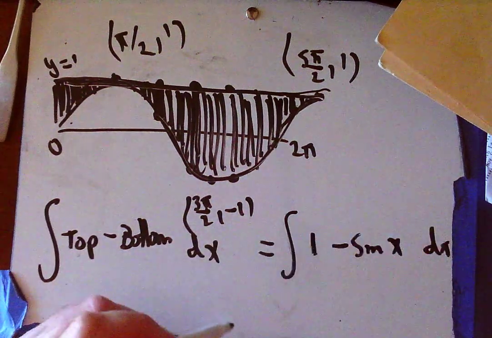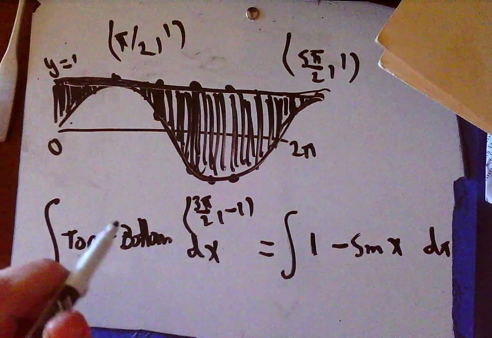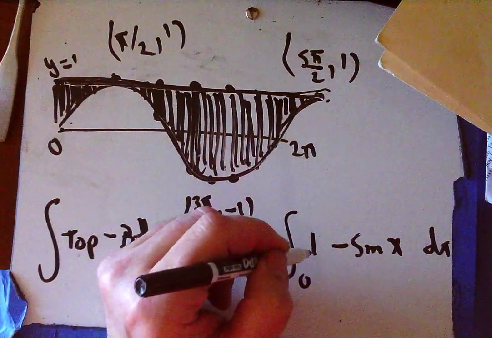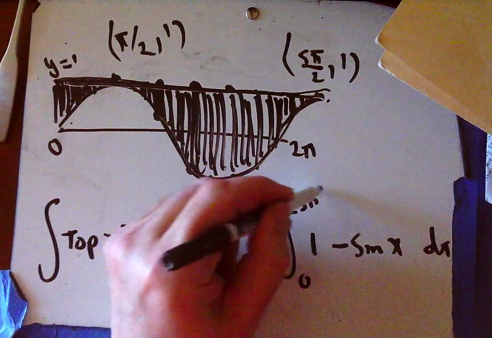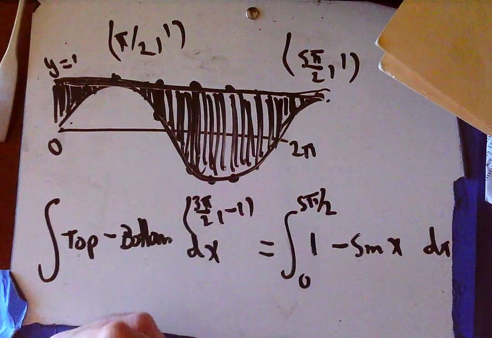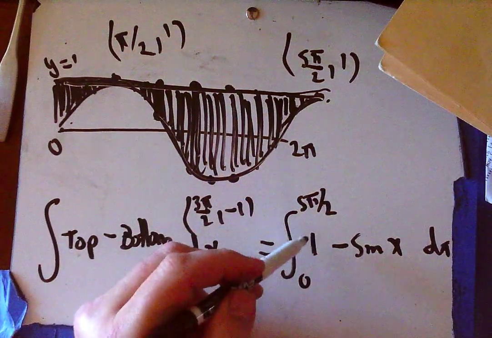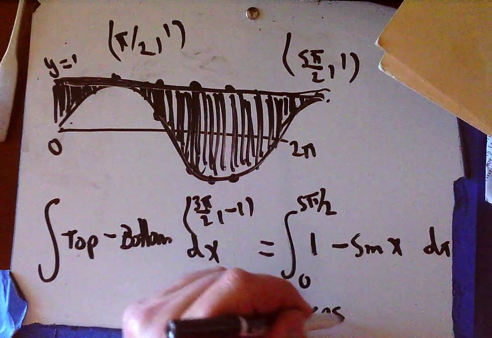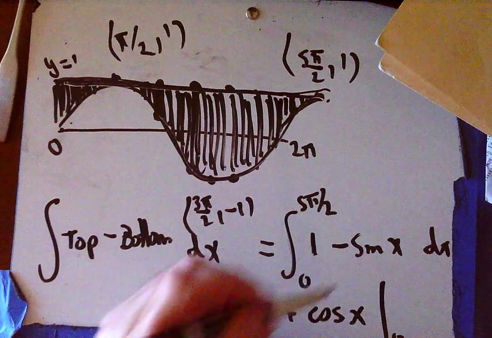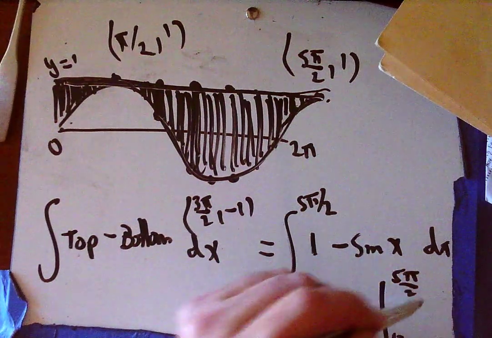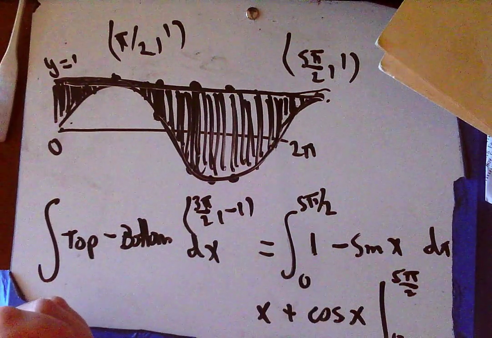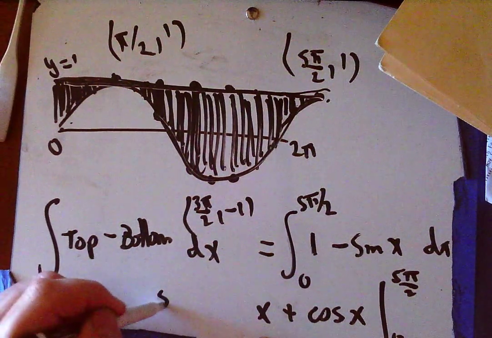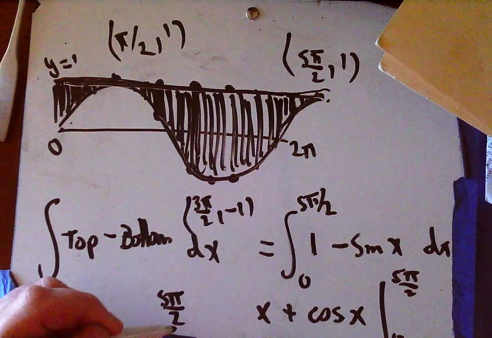And we want to integrate this situation from 0 to 5 pi over 2. I believe yes, 5 pi over 2. Okay, now let's think about this for a second. If I integrate here, I'm going to have x plus cosine x, and I want to evaluate from 0 to 5 pi over 2. Well, if I plug 5 pi over 2 in here, I'm going to get 5 pi over 2.